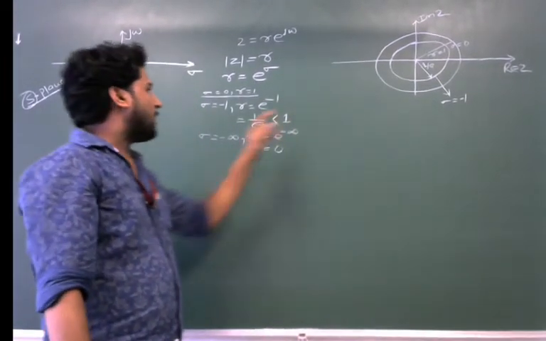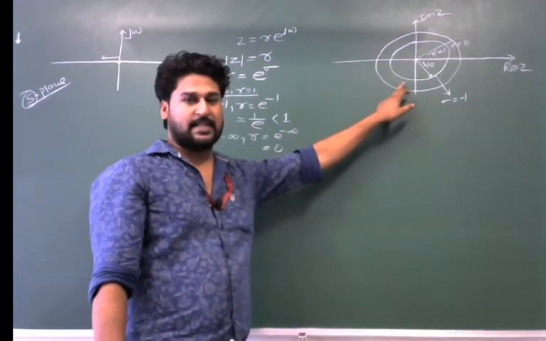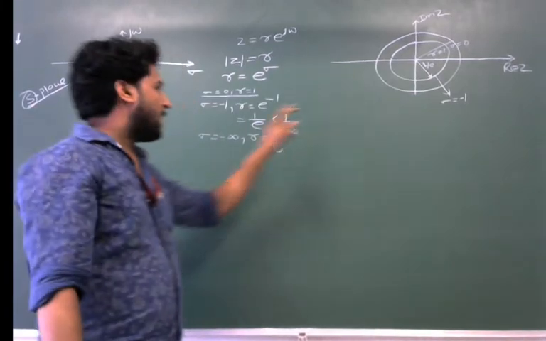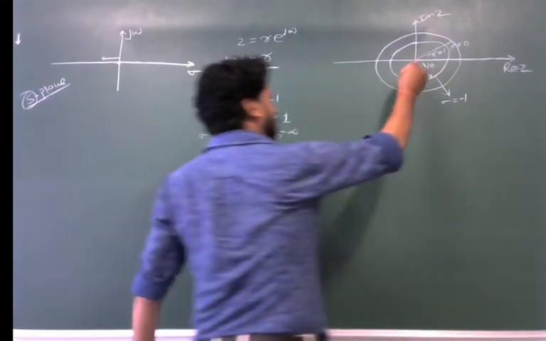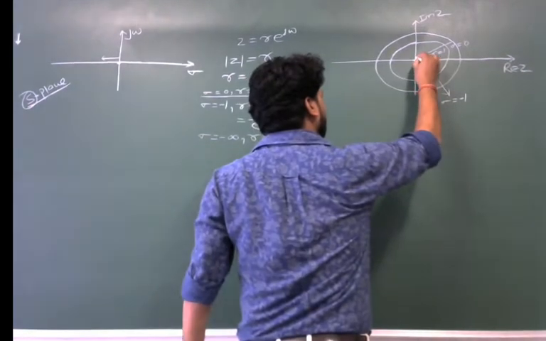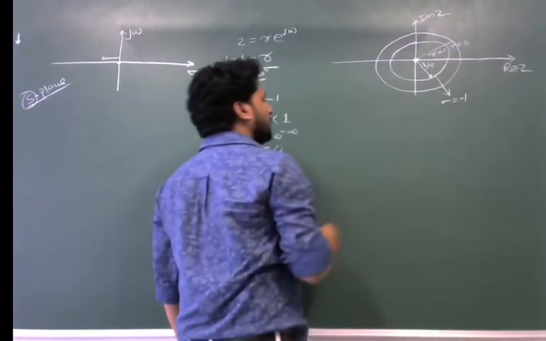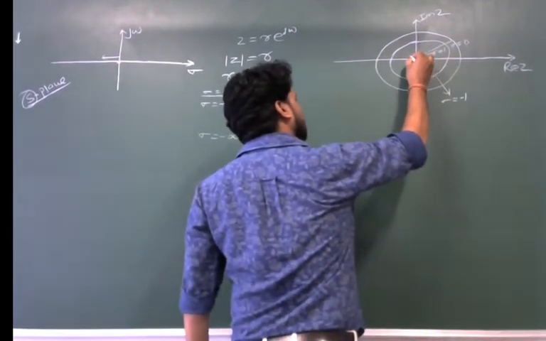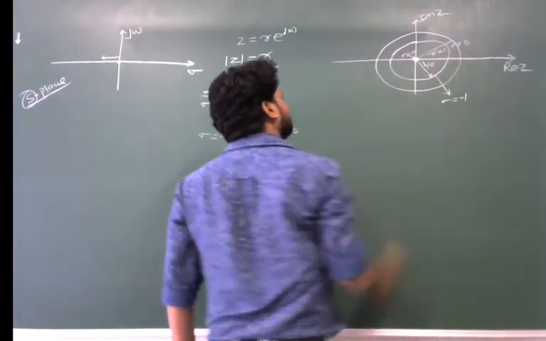Sigma equal to -1 will be mapped to a circle having radius less than 1, and sigma equal to -infinite will be at the origin of the Z plane, means r equal to 0, a circle of radius 0.